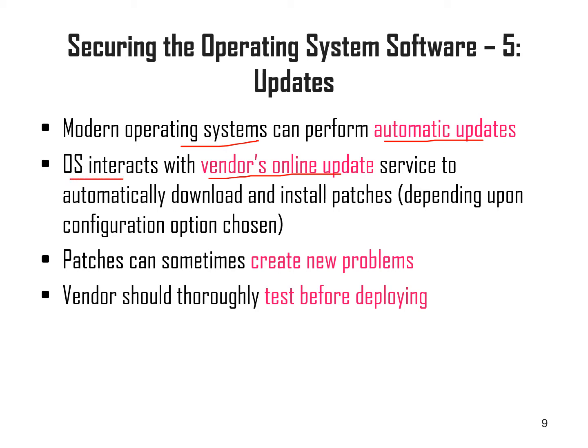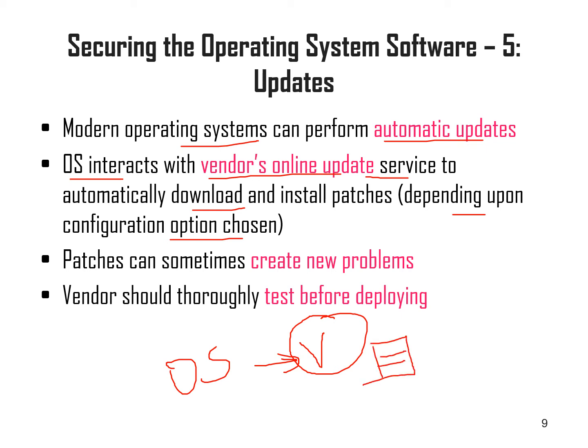The OS is actually interacting with the vendor, right? So simple: the vendor's online update service automatically downloads and installs patches depending upon the configuration option chosen. It is actually the server which is present on the vendor's side.